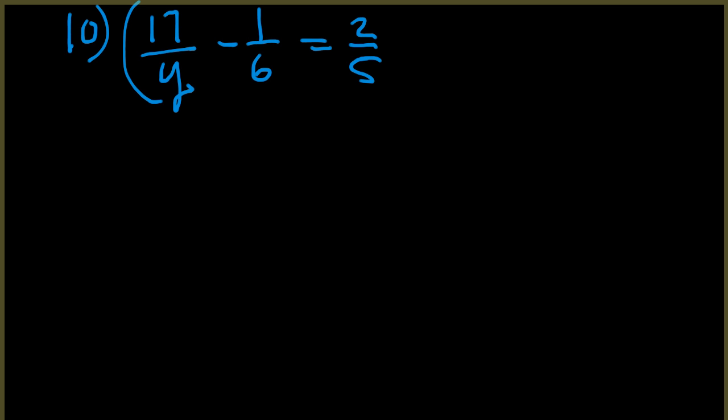Number 10. Okay, I have 17 over y minus 1 over 6 is equal to 2 over 5. Remember, we have to come up with a common denominator and clear it. Multiply by 30y.